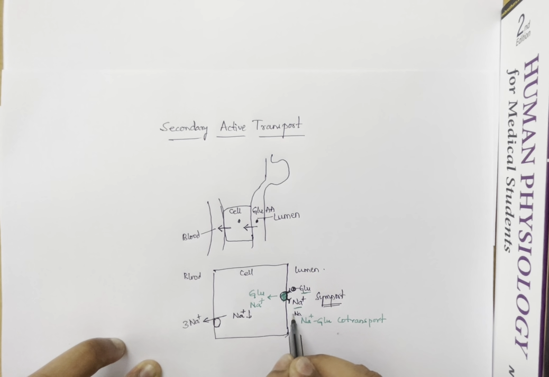So now the sodium can enter the cell along the concentration gradient, from the lumen to the cell.